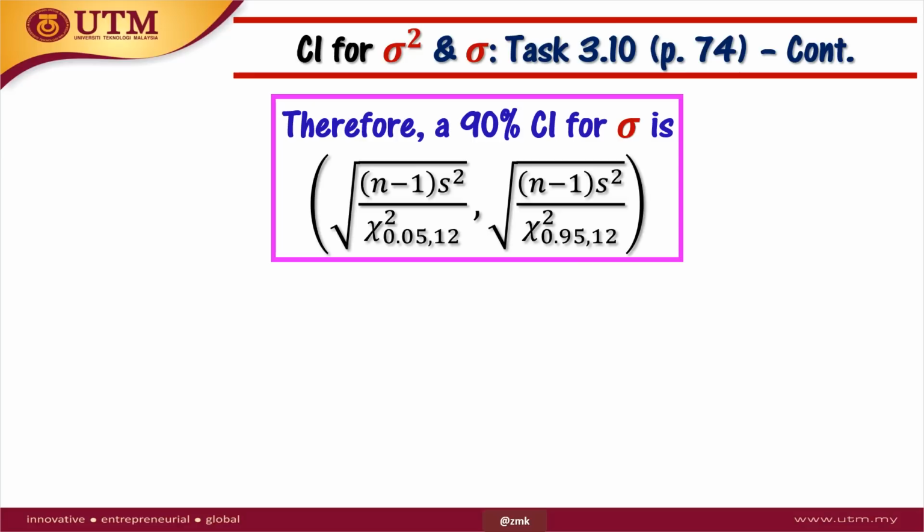We already knew that n is 13 and s is 0.018, whereas the values of chi-squared 0.05,12 and chi-squared 0.95,12 can be obtained from table 6.